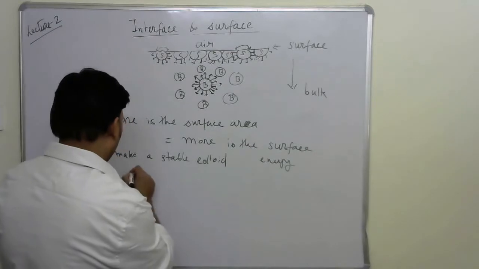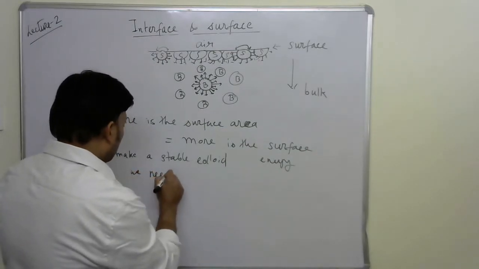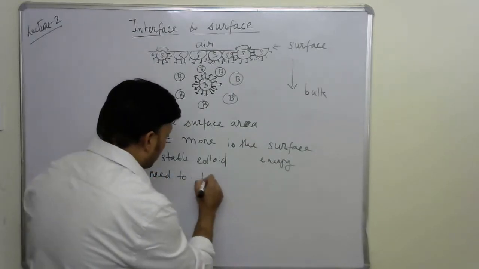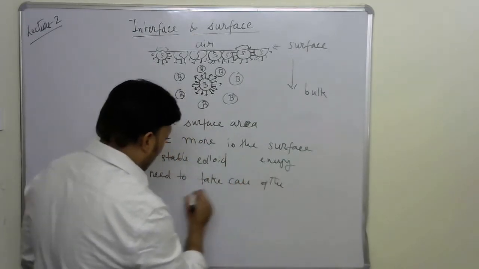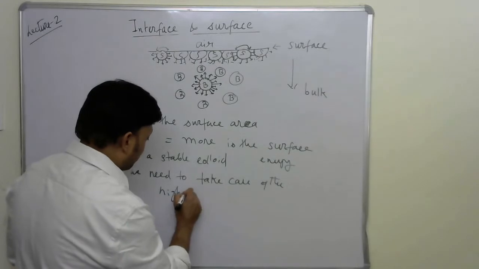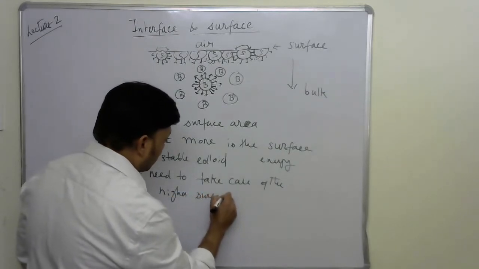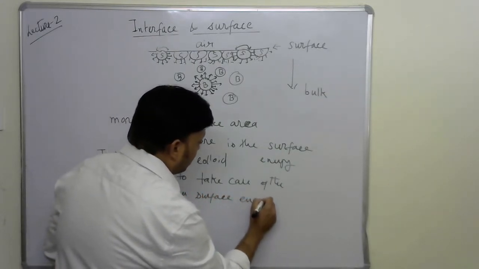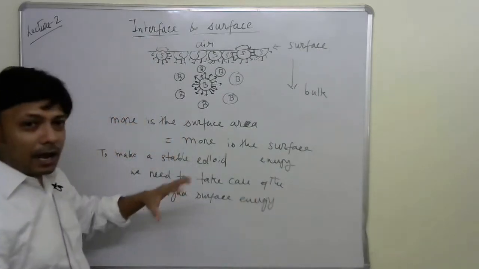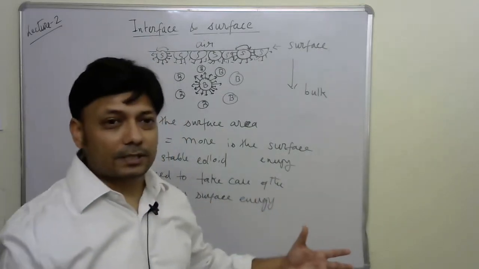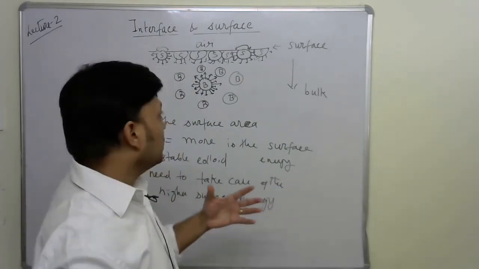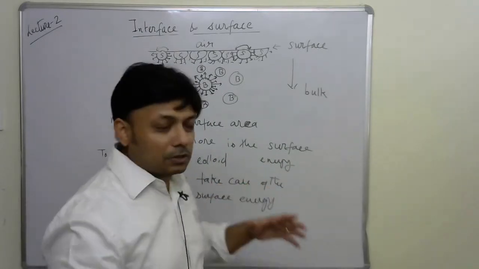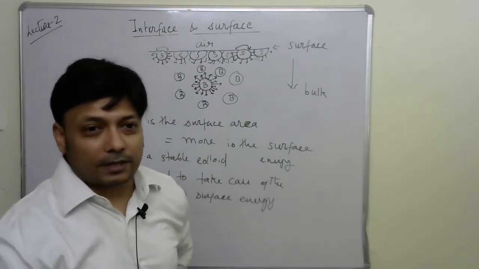To make a stable colloid, we need to take care of the higher surface energy. Okay, so that means we have to stabilize the surface, as simple as that, so that the surface becomes comfortable and so that the material can stay in the colloidal phase.